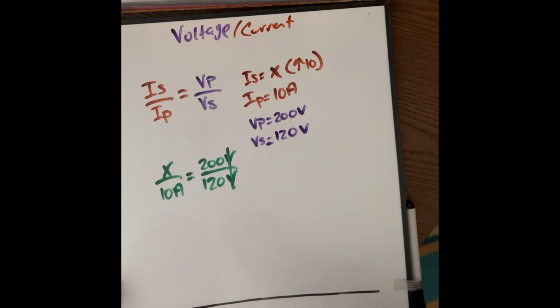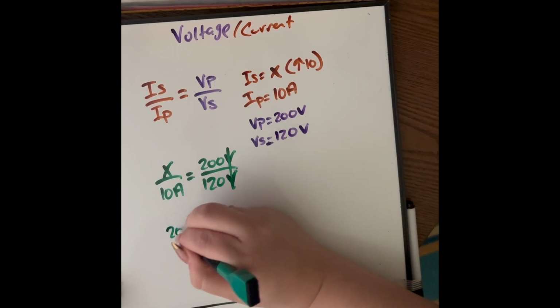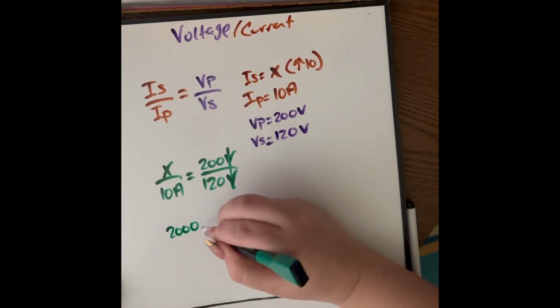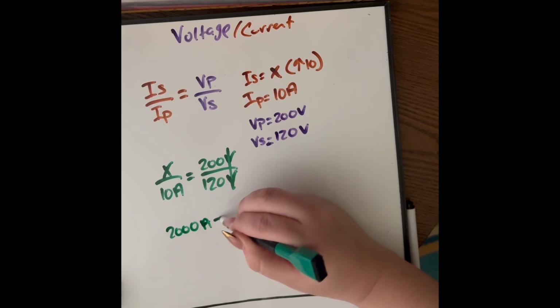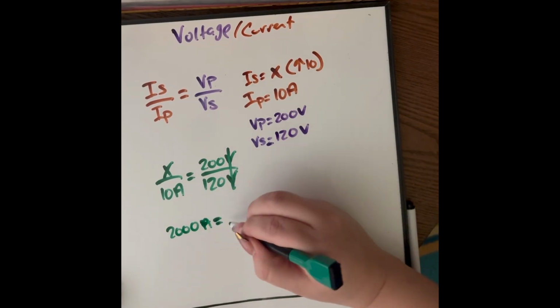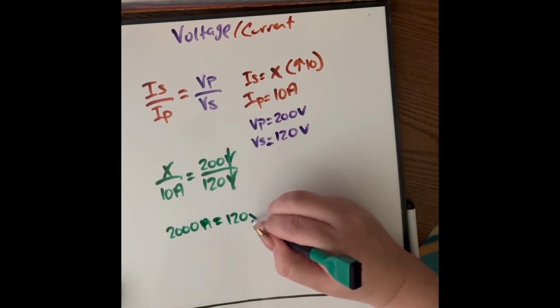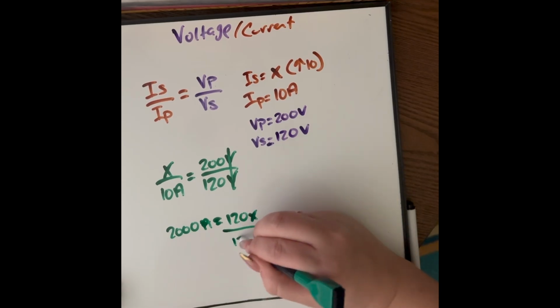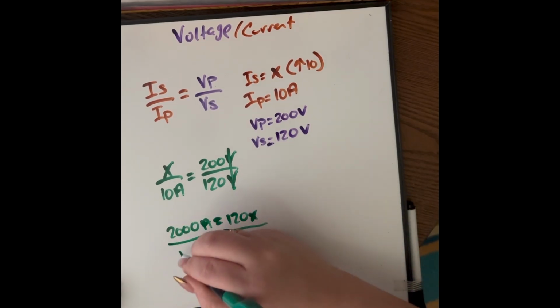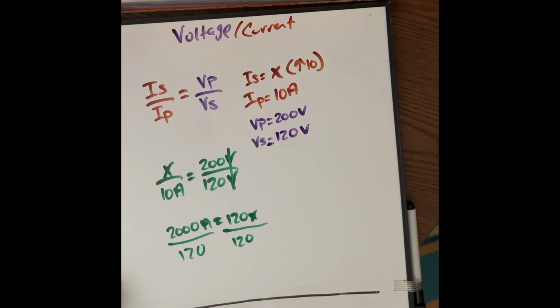So let's do 10 times 200 is 2,000 amperes equals 120x. We'll divide both sides by 120. Make sure I did my math in general right. 10 times 200 is 2,000.